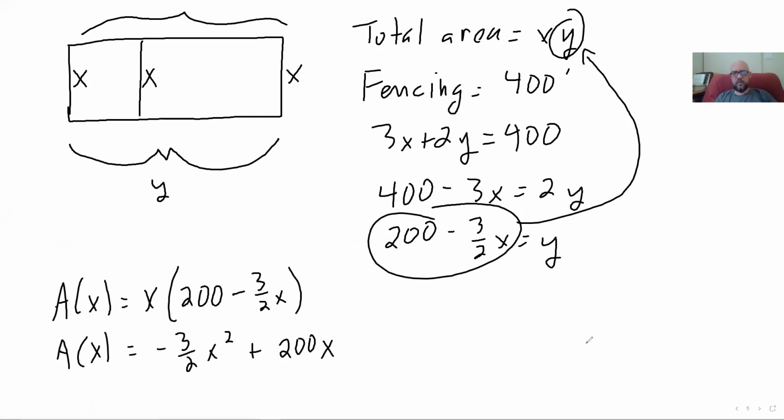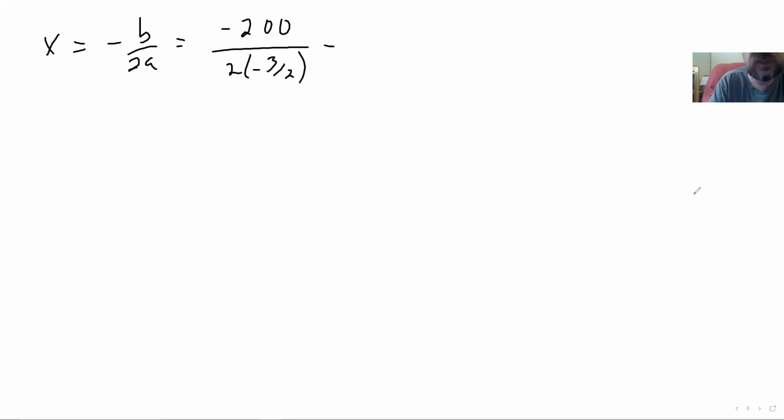So we're going to have x equals minus b over 2a, which b was 200, so minus 200 over 2 times negative 3 over 2, which would be negative 3. So this is 200 over 3, which is equal to 66 and 2/3. That's my x. I think I might leave it as 200 over 3.